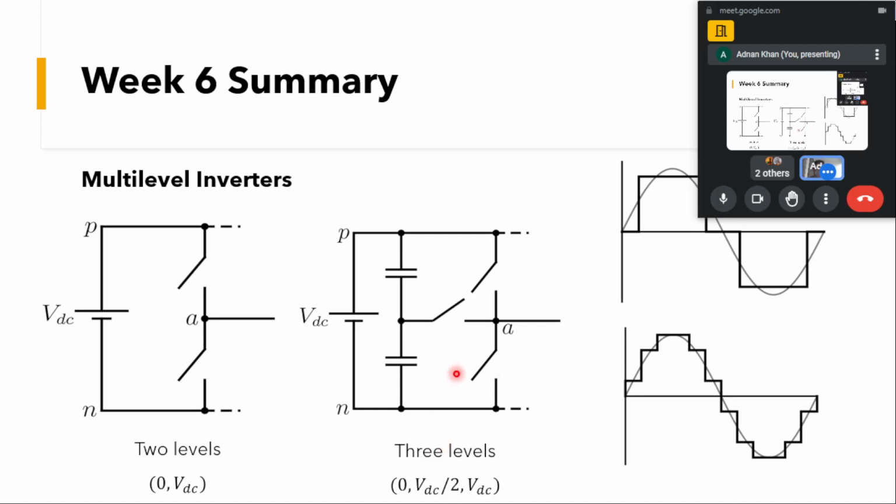When only this top device is on, VAN will be equal to VDC. When this bottom device is on, VAN will be equal to 0. And when this middle switch is on, VAN is connected to the VDC by 2 terminal, and VAN will be equal to VDC by 2. So here we are able to generate 3 levels: 0, VDC by 2 and VDC.